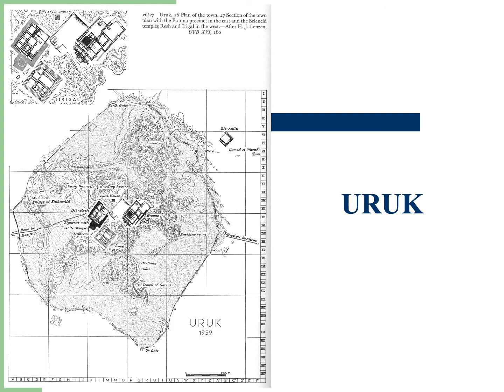And this is an archaeological map of the site of Uruk. You can see the outline of the city walls and some of the main temple complexes there in the center portion of the city.